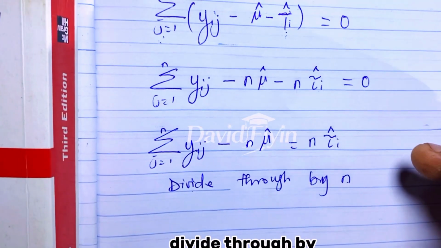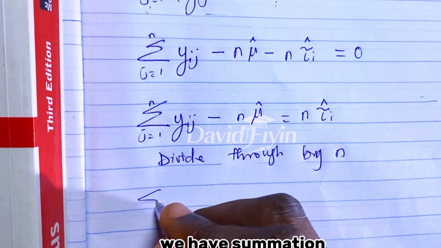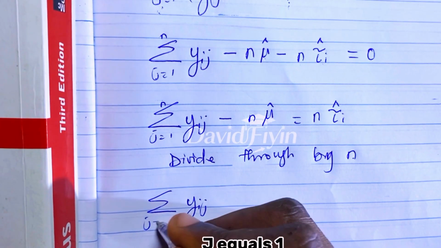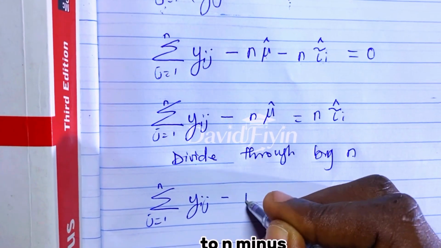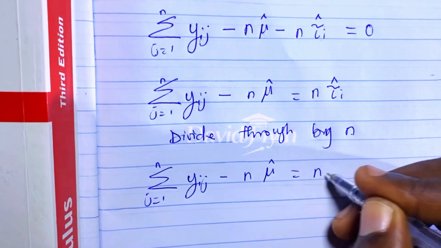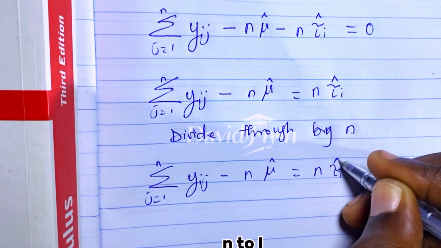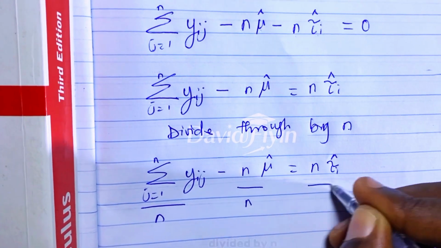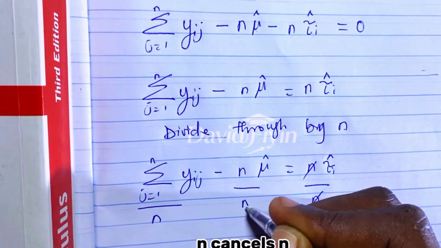When we divide through by n, the n cancels n.